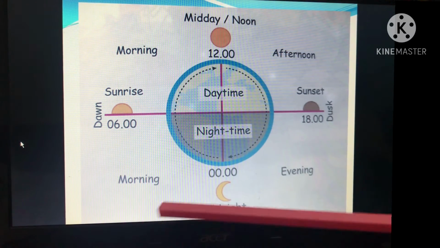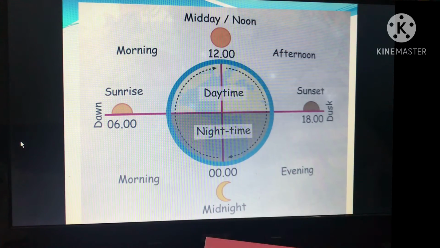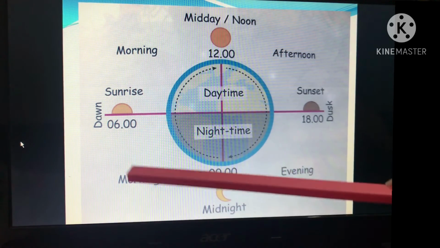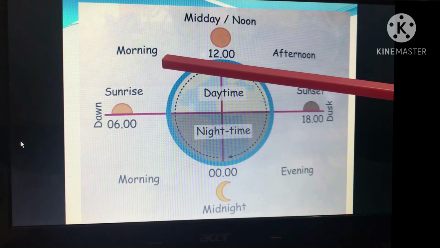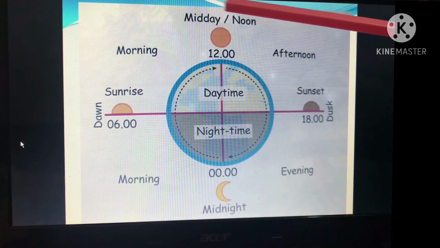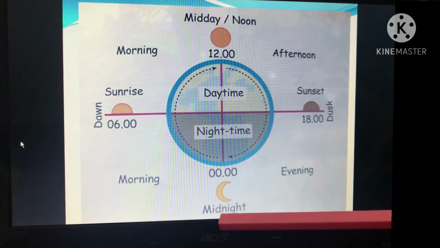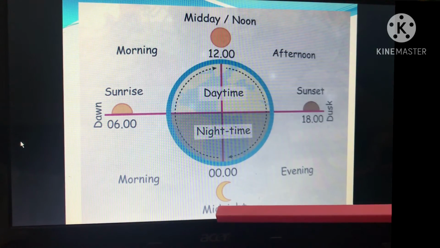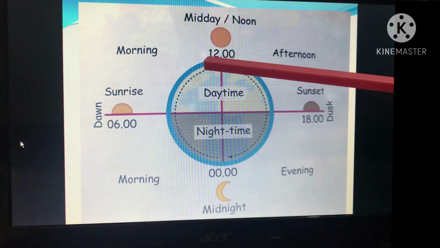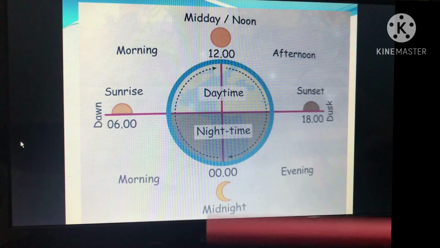The morning here, this is what we call the early morning, and this is the late morning. We also have here the midday or the noon, 12 o'clock, and this is what we call midnight.